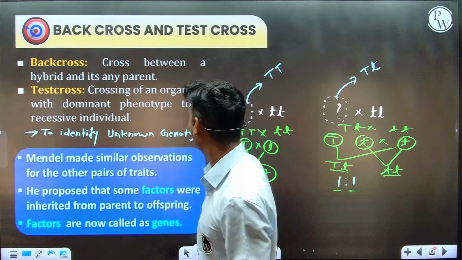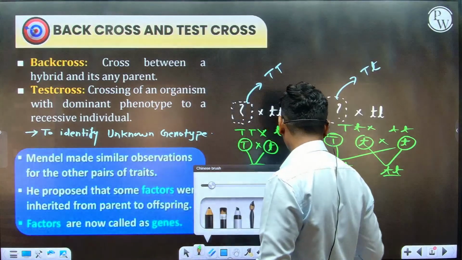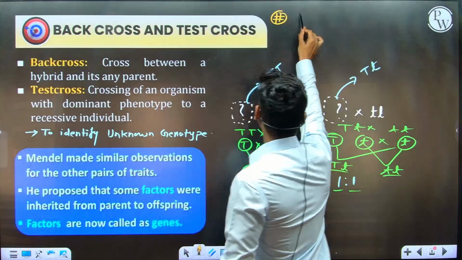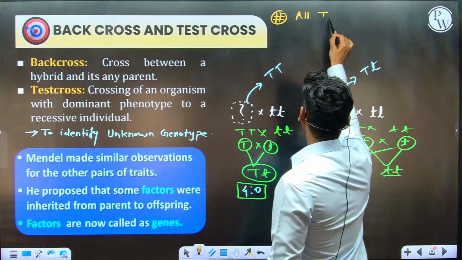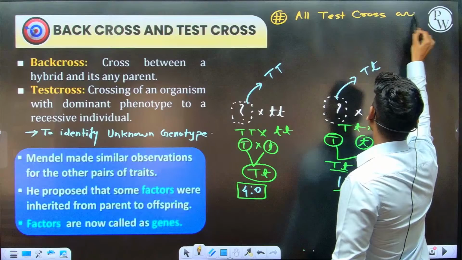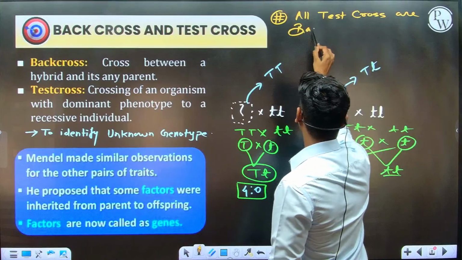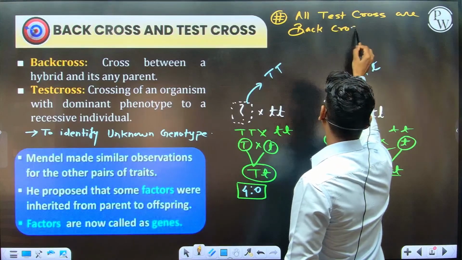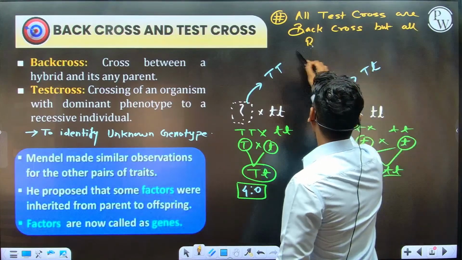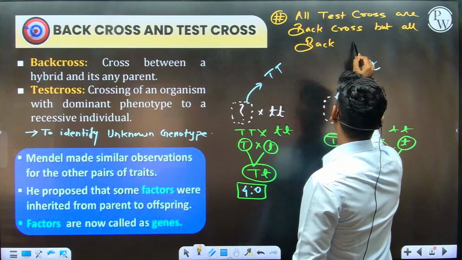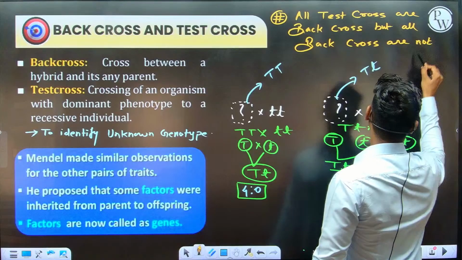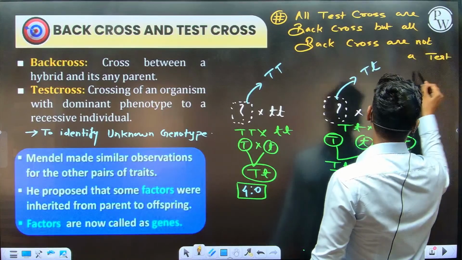It means we can write one very essential statement here: all test cross are back cross, but all back cross are not test cross.